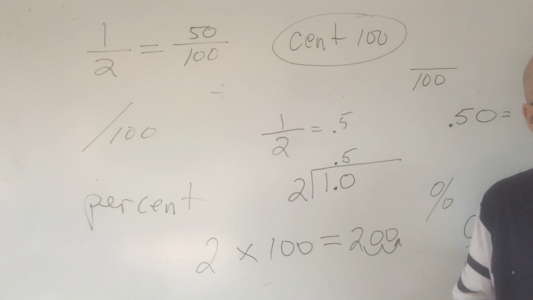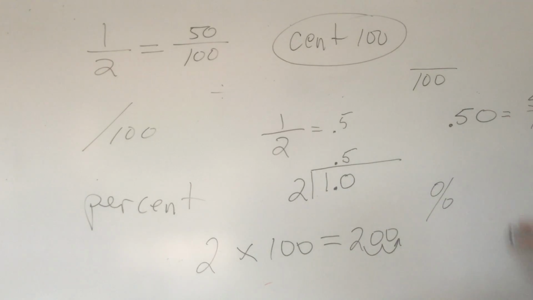Per 100, isn't that correct? Okay. So if I want to change 50, multiply that by 100, which way am I moving the decimal point? I'm moving it to the right. Right? Yes or no? Yes.